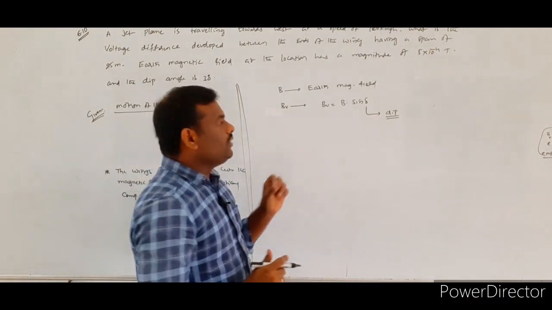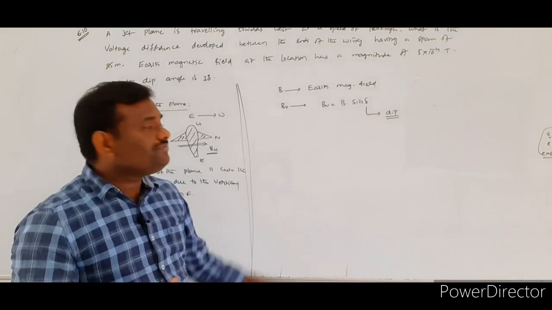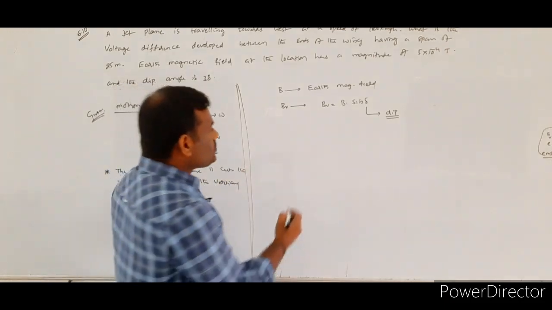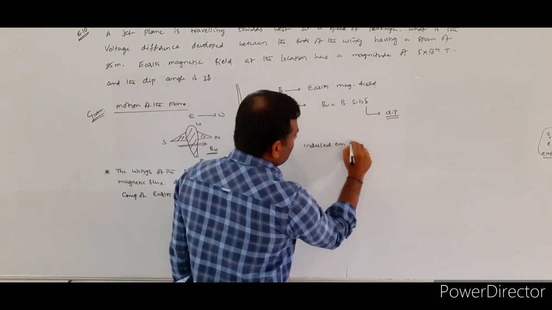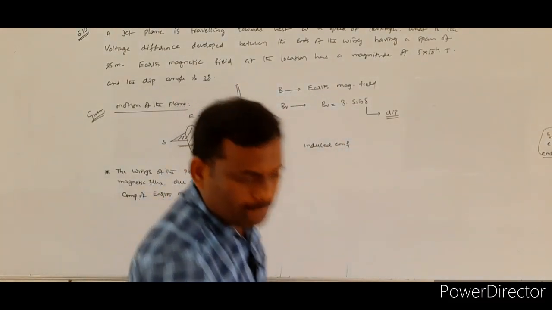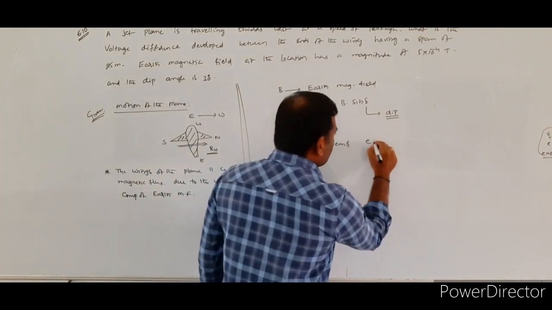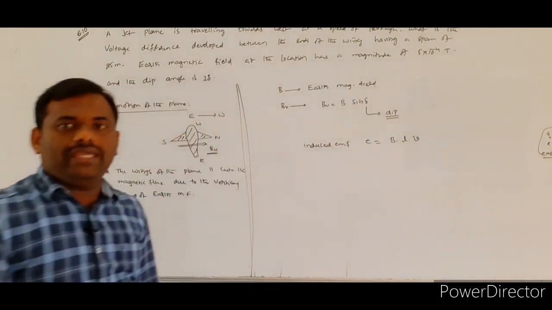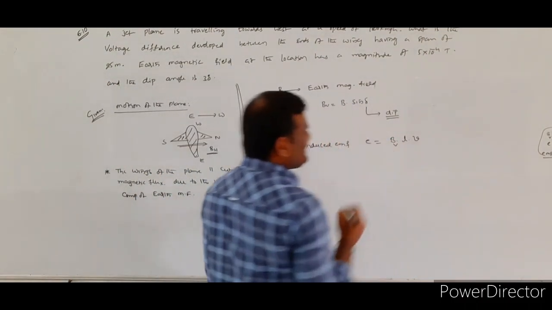Now how can we calculate the induced EMF? Generally we write the formula E is equal to B into L into V. Here, which component do we consider?